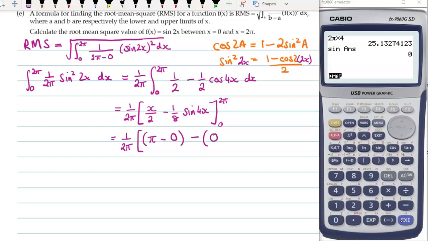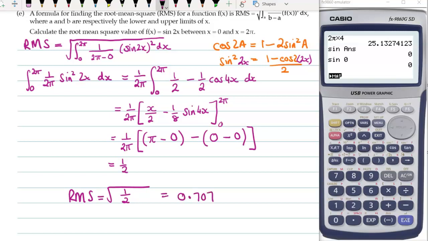Minus 0, sine of 0 is also 0. So all we're left with from these bits is 1 over 2 pi times pi, so that's a half. So the RMS was equal to the square root of that. So square root of a half, or 0.707.